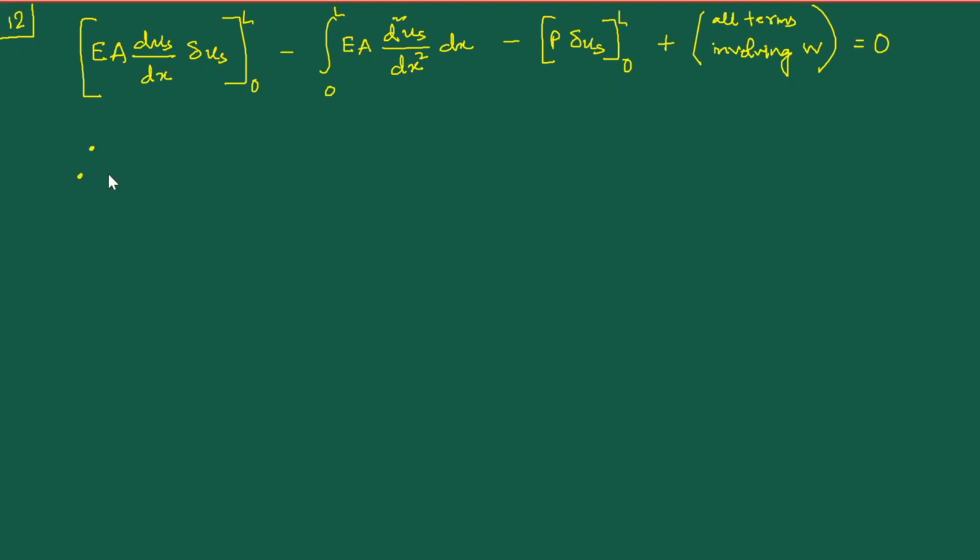Therefore, the governing equations are EA d squared us/dx squared is equal to 0, because you note that here we don't have any other integration term.